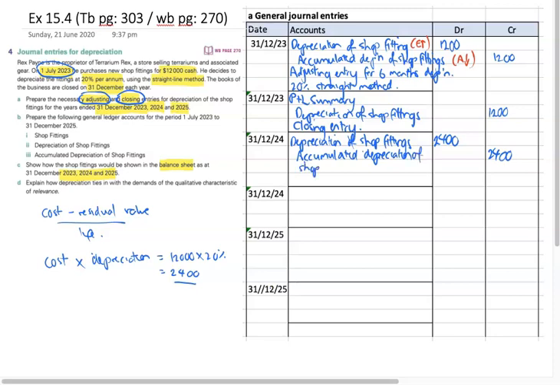Now, I'm not going to keep doing the narration because it's going to be too busy. We would follow the exact same narration here, but it would no longer be 6 months. You could say 12 months or 1 year, or just say adjusting entry for depreciation, 20% straight line method.